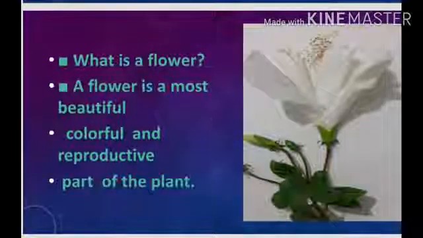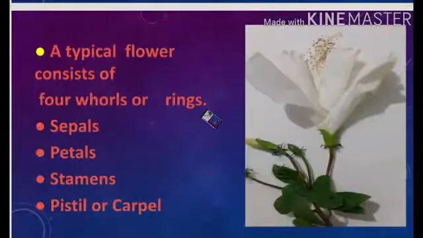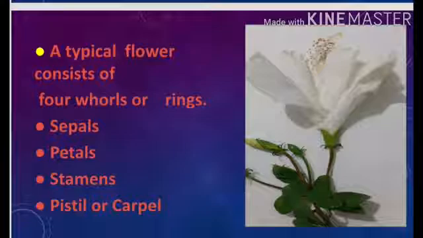First of all, what is flower? That is the question given at the back of our chapter. A flower is the most beautiful, colorful, and reproductive part of the plant. How many important parts of flower are there? The answer is 4, that are in the form of whorls or rings: sepals, petals, stamens, pistil or carpel.